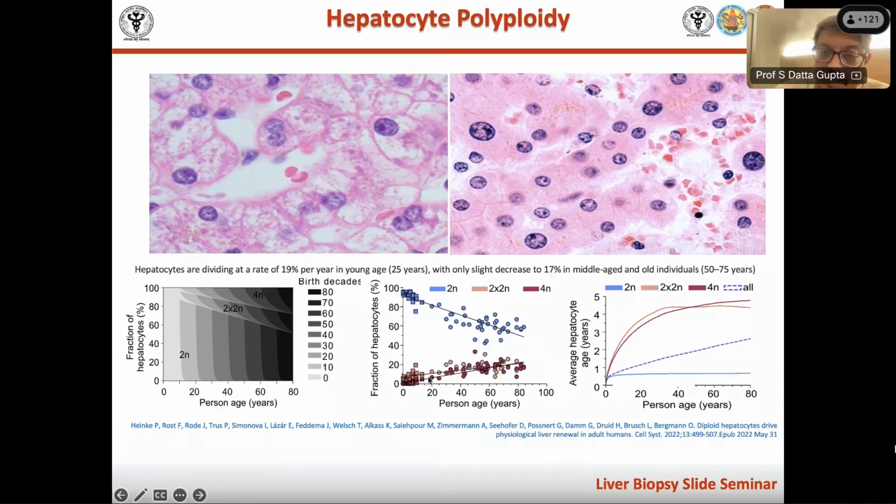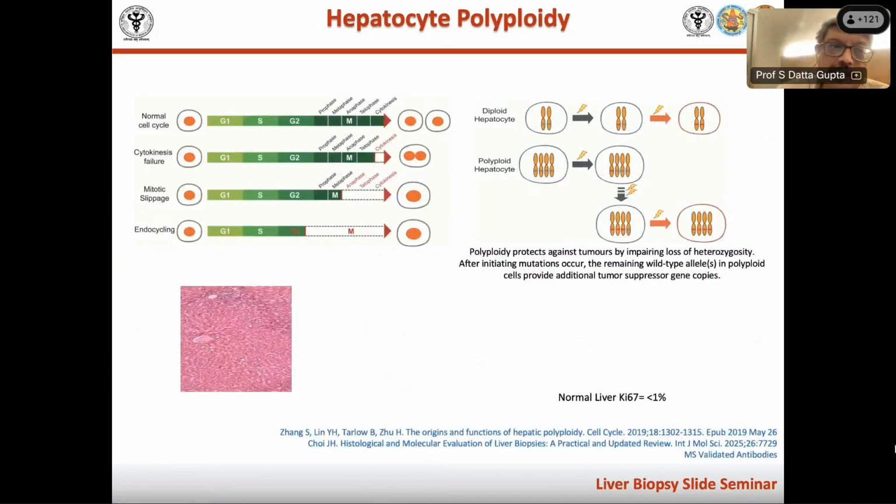See, as the age increases, the polyploidy increases. The number of normal 2n DNA cells will be less. So it becomes 2 times 2n, or 4n, or 4 times. You see these cells, they increase as the person ages. This is normal. And why does it occur?